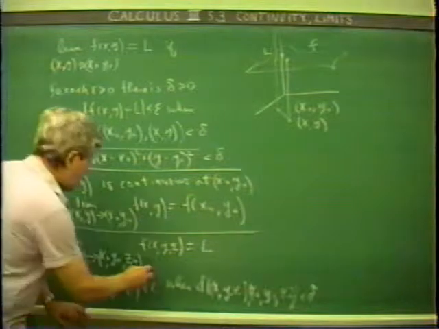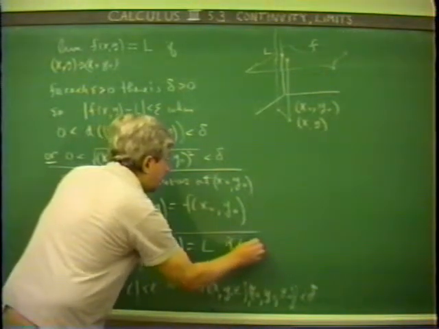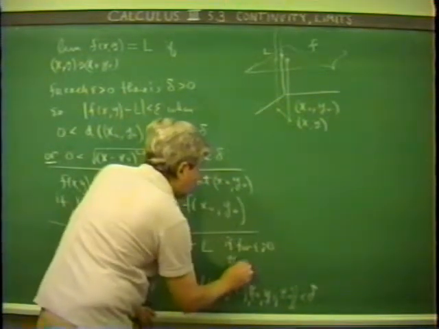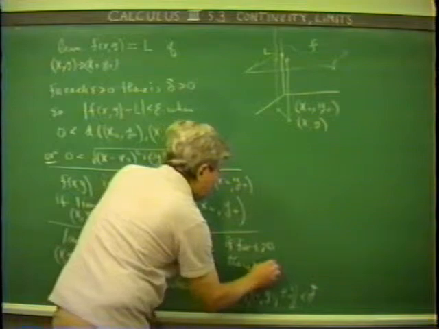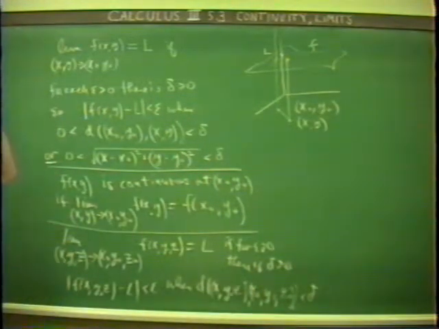So this is going to be L if for each epsilon greater than 0, there is such a delta greater than 0, so that this happens.